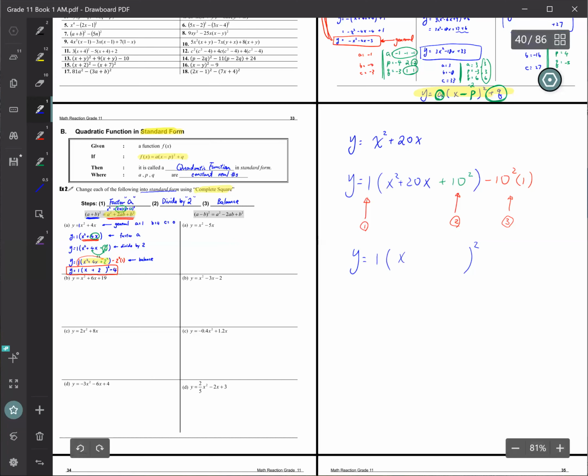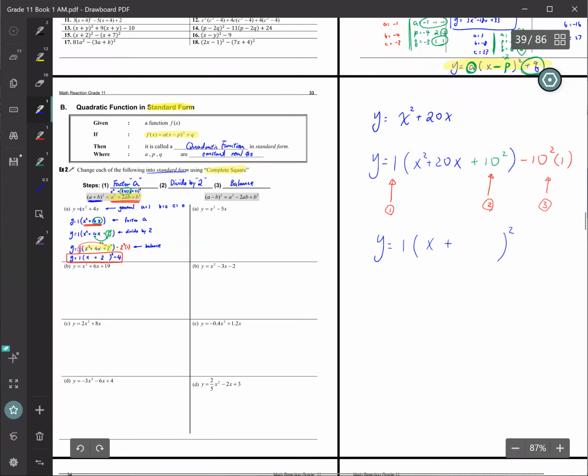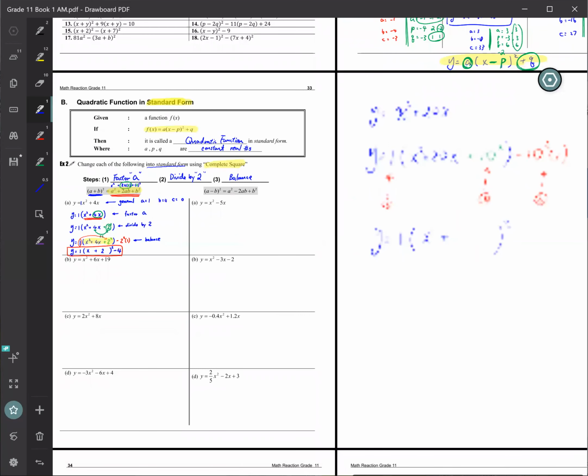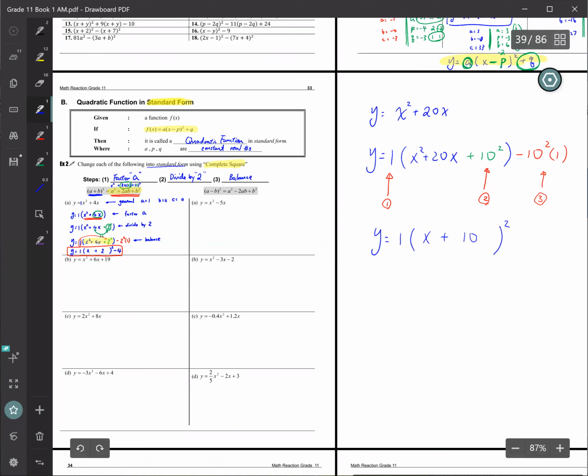X plus... plus what? Ten. Yeah, very good. The A is the first term, A squared. The B squared is the last term, the third one, right?